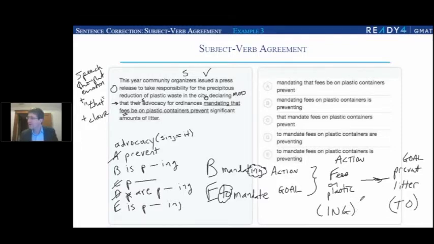So this is a very small difference in the emphasis, but with choice E, it makes it sound like the fees themselves are the goal of the plan. That's not correct, right? That's too much emphasis. The fees are just the thing that we're doing as a way to accomplish the goal. Yeah, and B is the best answer.